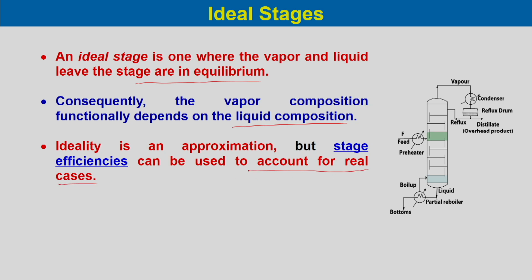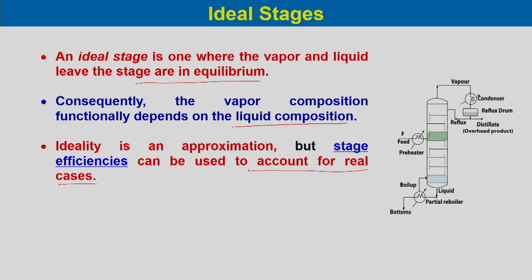So, if we assume that equilibrium is reached, that separation happens till equilibrium is reached, then we call it an ideal stage. But actually it may not reach the ideal equilibrium conditions in each stage, and there is a deviation from the equilibrium.